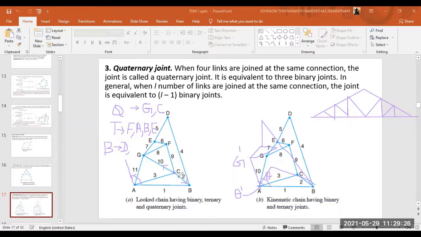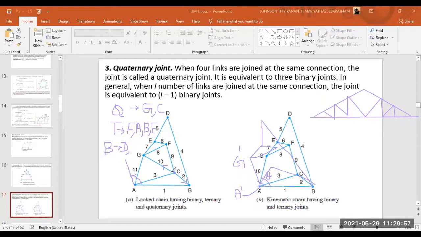But due to this CB pulling in this way, and there's a GC link, this will not move, right? If there is no GC, then this can move, right? Since there's a GC, this will not move, right? Due to this, the kinematic chain which is in picture B has now turned into a locked chain, right? Locked chain means there won't be any movement.